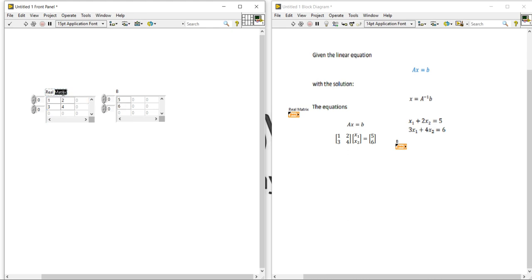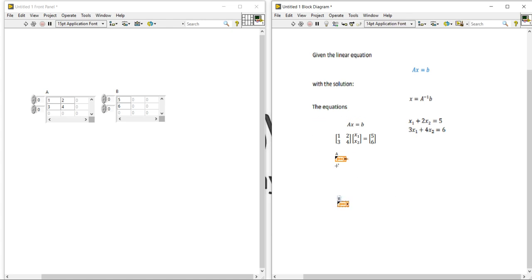So we have A and B. Now we need to implement x is equal to A inverse into B, because this one is our x, this one is A and this one is B.